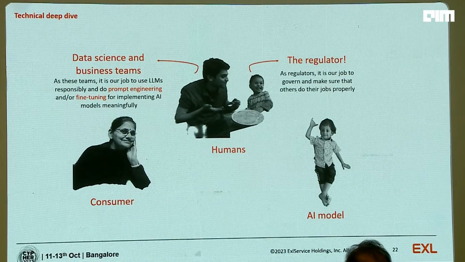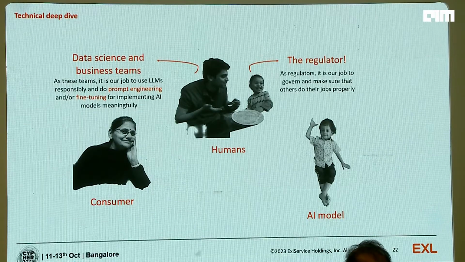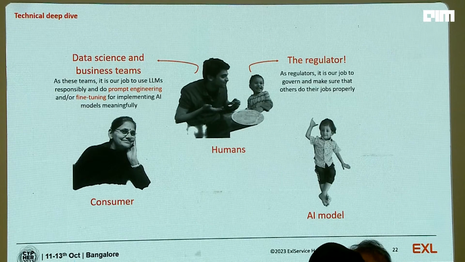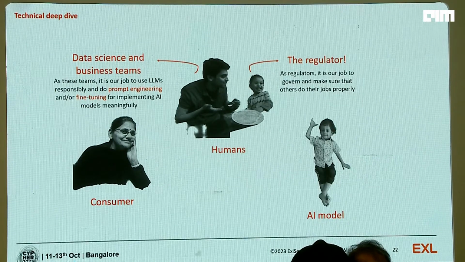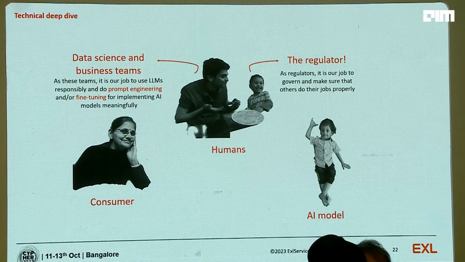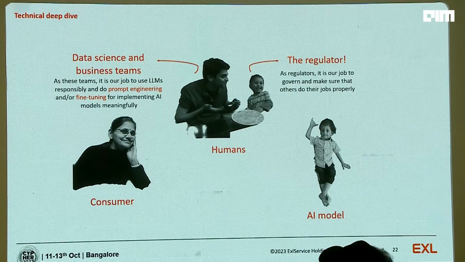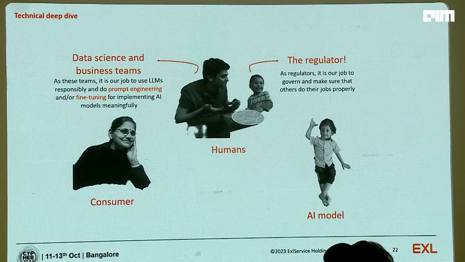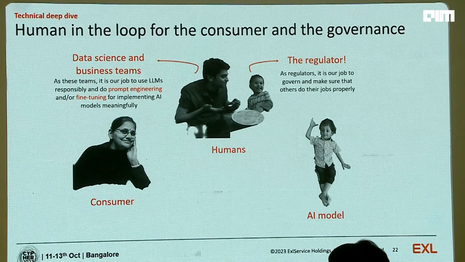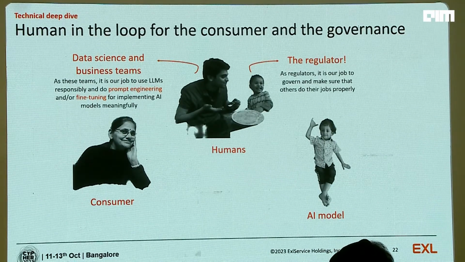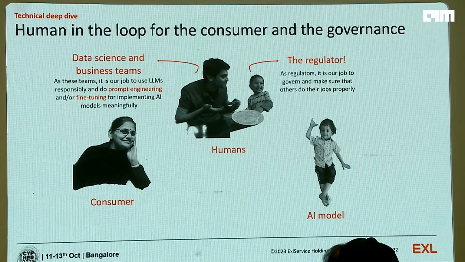As humans in data science and business teams, we need to make sure the solution is correctly implemented. We are responsible for prompt engineering, fine-tuning, etc. But the regulator is also human, and we need to make sure that other people are doing their job properly. So it is human in the loop for the consumer and for governance. Both parties are important.